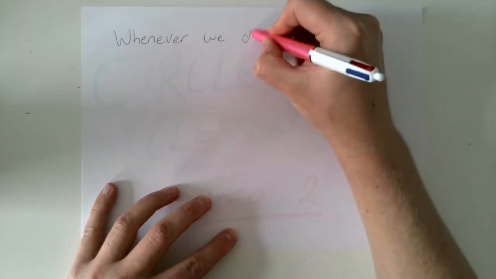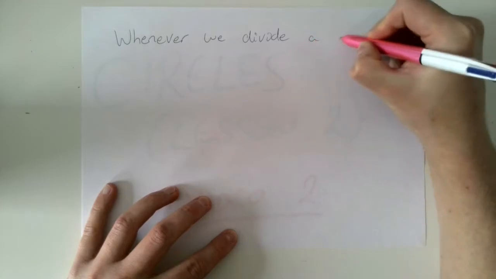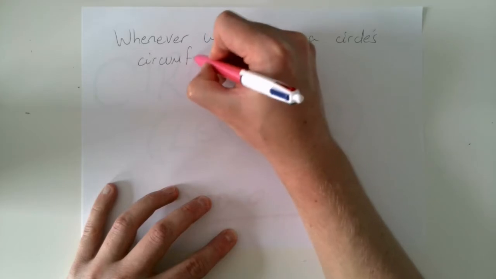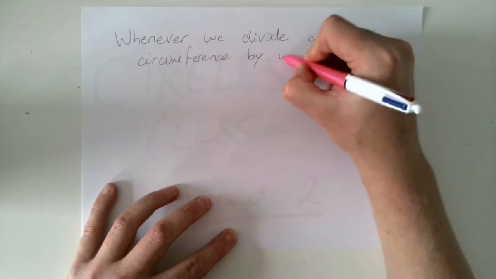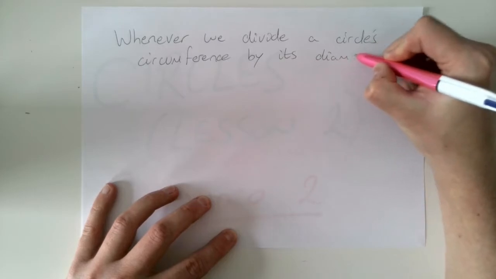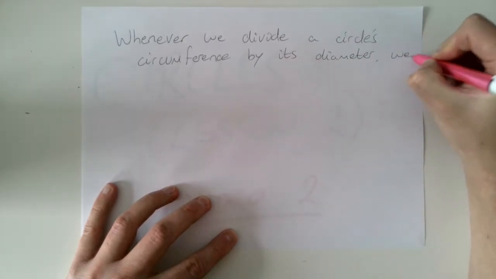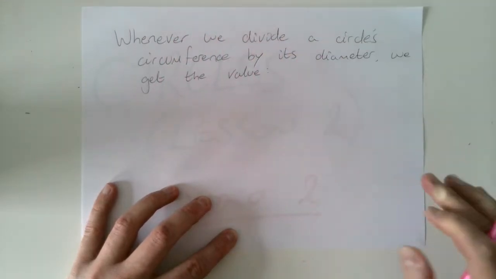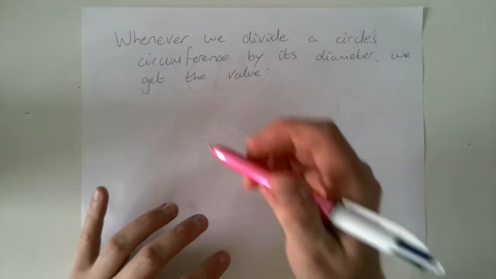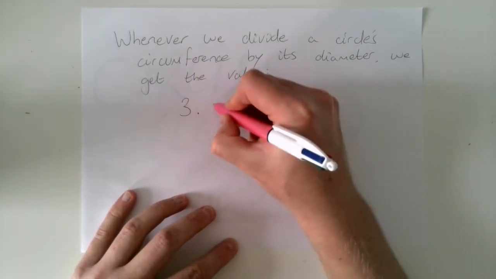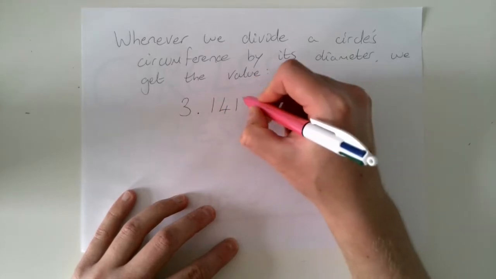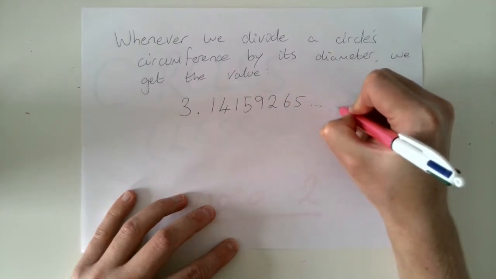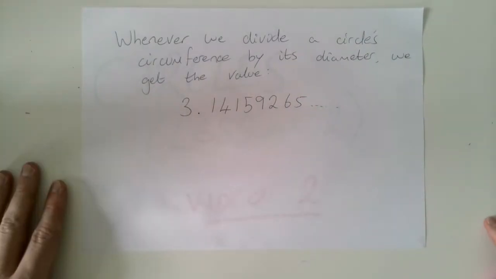Whenever we divide a circle's circumference by its diameter, we get the value, colon, we get this value, and the value is 3.1415925, and that number goes on for ages.